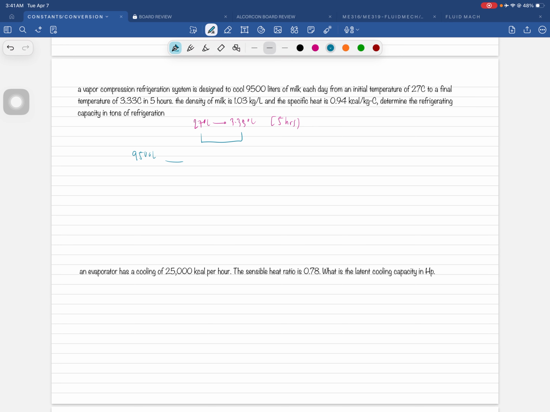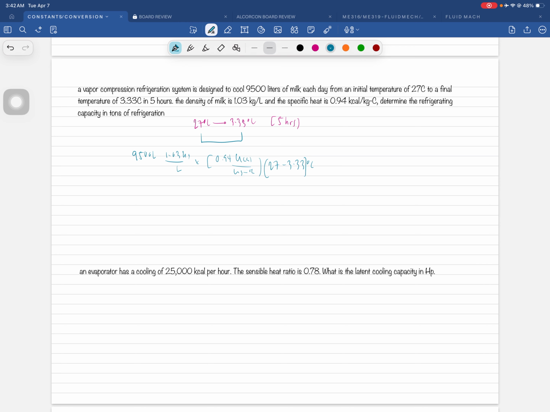Convert that to kilograms. So 1.03 kilograms per liter times, again you have your 0.94 kilocals per kilogram degrees Celsius. And again, the difference in absolute temperature, that should be 27 minus 3.33 degrees Celsius.